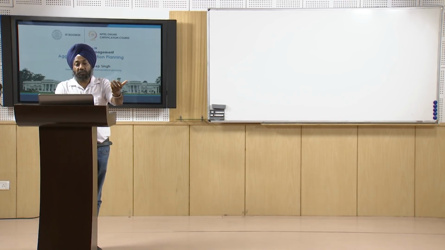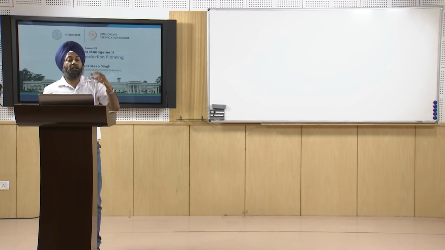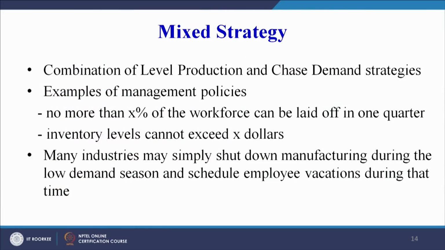There can be mixed strategies also, which is a combination of level production and chase demand strategy. The examples can be no more than X% of the workforce can be laid off in 1 quarter, that is one capacity constraint. Inventory levels cannot exceed X dollars, so that is also maybe another constraint when we are using a mixed kind of strategy to meet the demand.